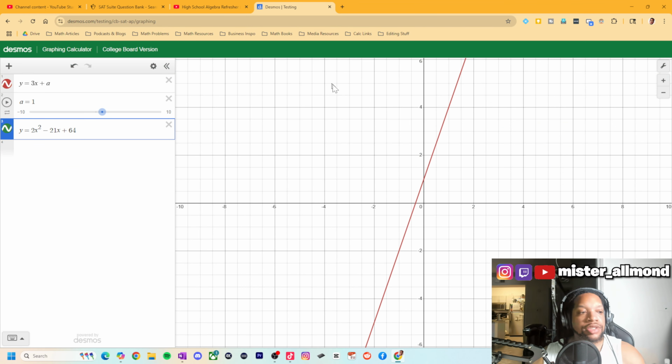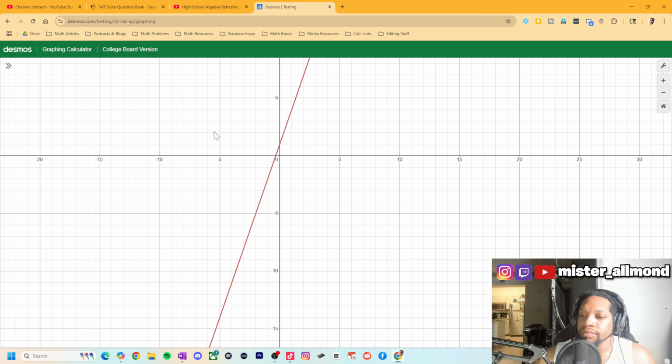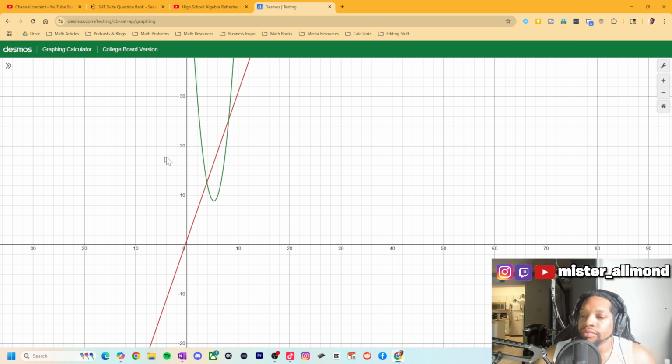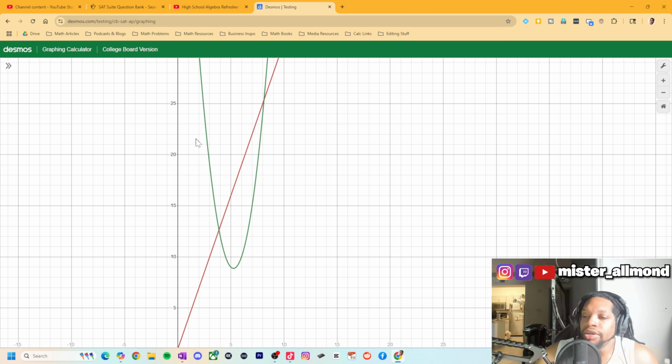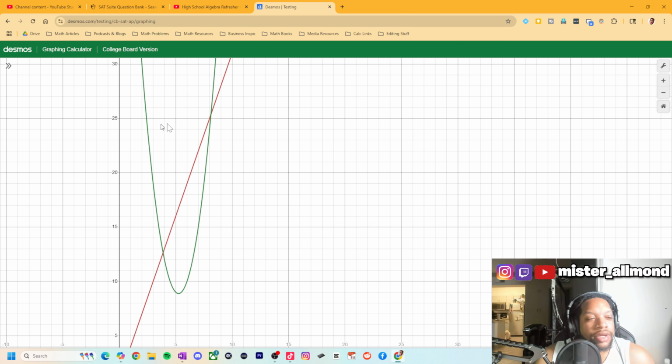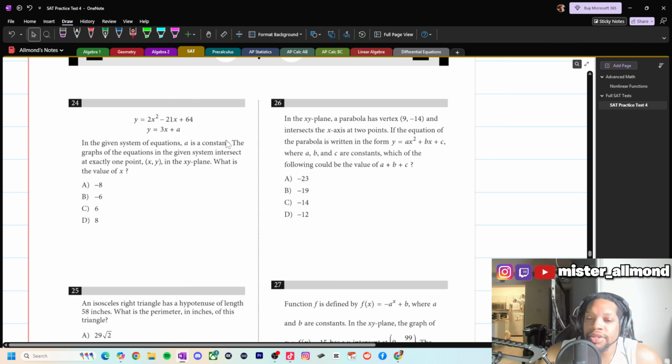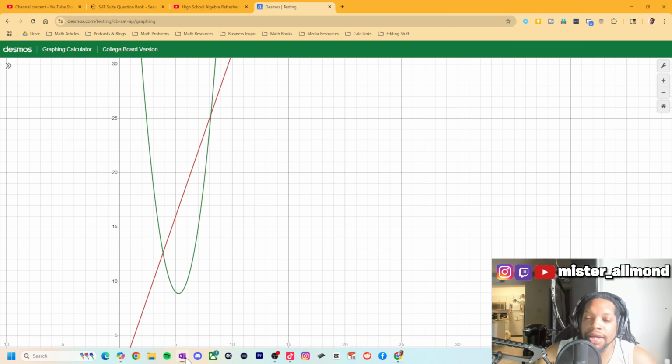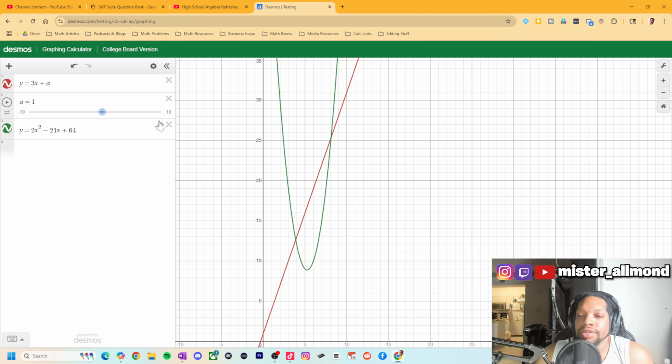All right, let me see. Right here, y'all can see that the graph intersects twice, but the problem says the graphs intersect at exactly one point. So I'm going to mess with my slider until it intersects only once.